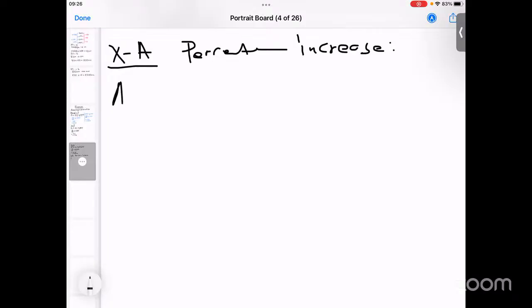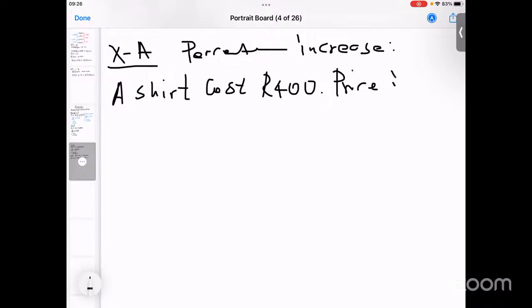Yes, let's try to be practical and say you've got a shirt, which costs how much? Let's just say 400. A shirt that costs 400. Then the price increases by 10%. So the question will be saying, find the new price.